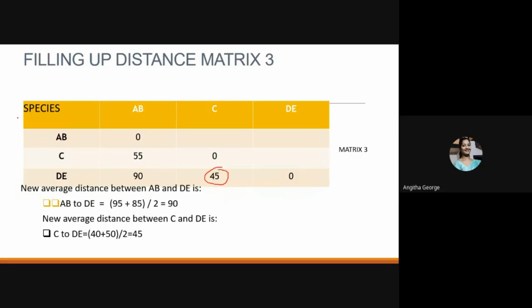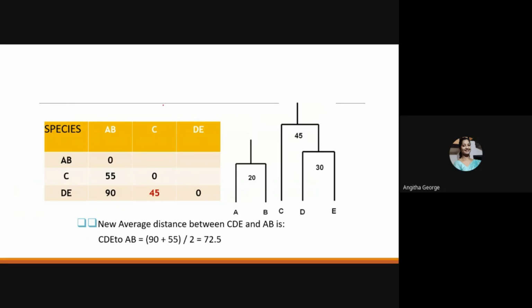Then again you have to check which one is the smallest distance. Again, while evaluating the distance matrix, I get the 45, that is the distance between C and DE is the smallest. So I can group C to DE. So I can place C in between AB and DE, and I draw a line from DE.